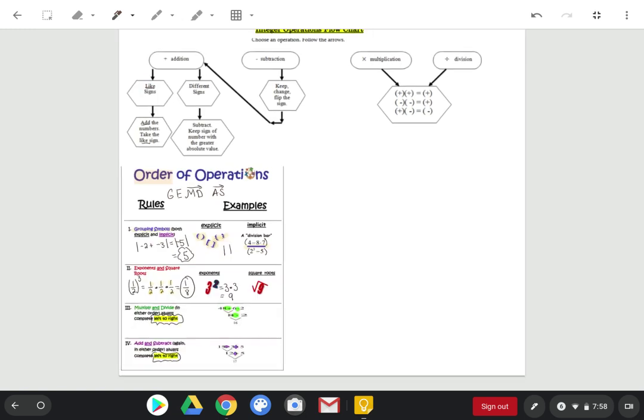So I want to give you some examples of working this out to make sure we all understand A, how to use order of operations, B, that we are actually incorporating our integer rules as we work, and C, to let you know what I expect so far as showing work.